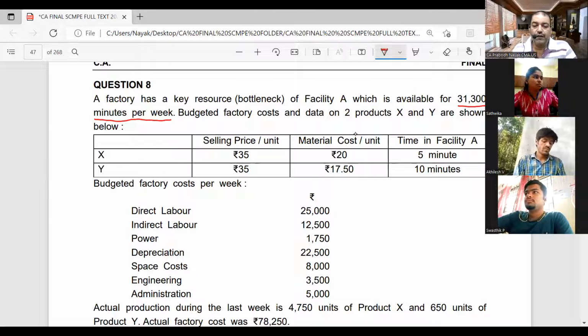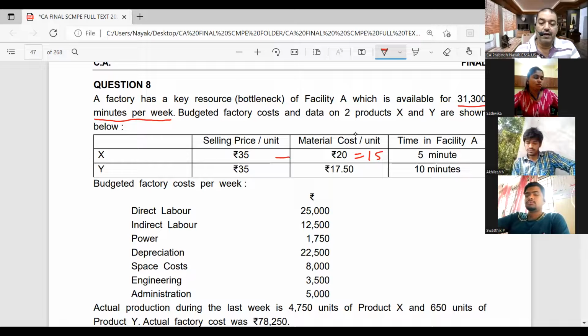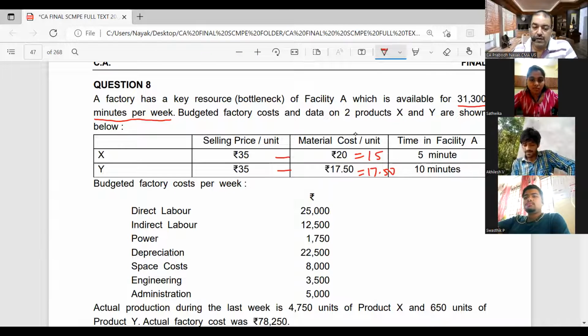For X, the selling price is 35, material cost is 20, time in facility is 5 minutes. So contribution here 35 minus 20 will be 15. For Y, it is 35 selling price, material cost is 17.5, and time in facility A, limitation 10 minutes.